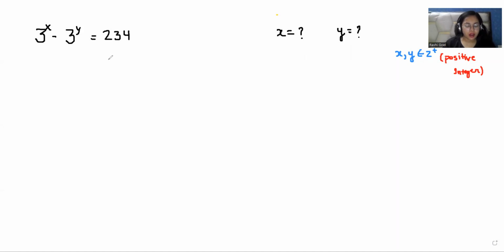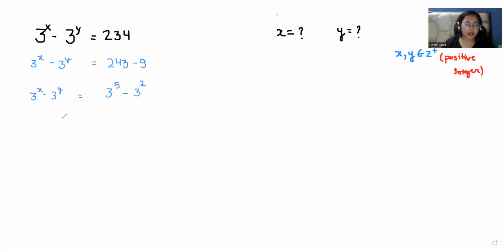So I can break the 234 into two numbers like 243 minus 9. Here, 3^x minus 3^y. Now we know that if we take the least common multiple of 243 and write it in the exponent, I can write it in terms of 3^5, and 9 as 3^2.